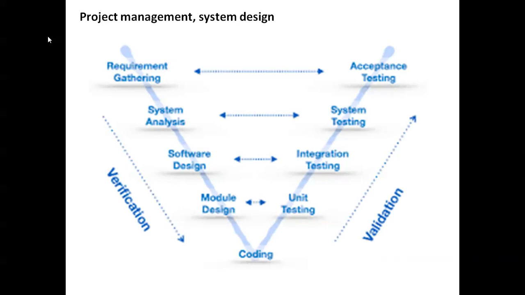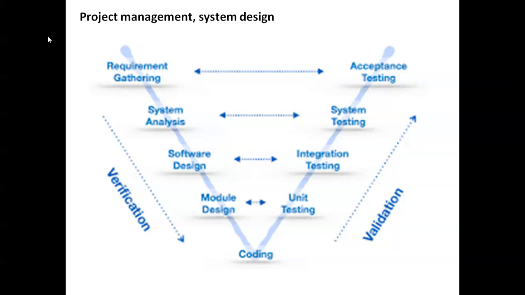So this is the project management system design. It looks like it starts from requirement gathering. Then the process flow, system analysis, software design, module design, coding.